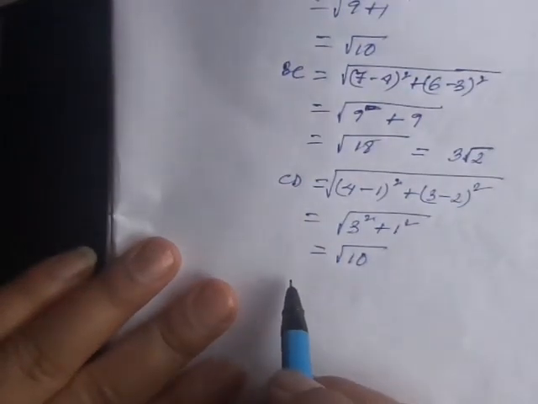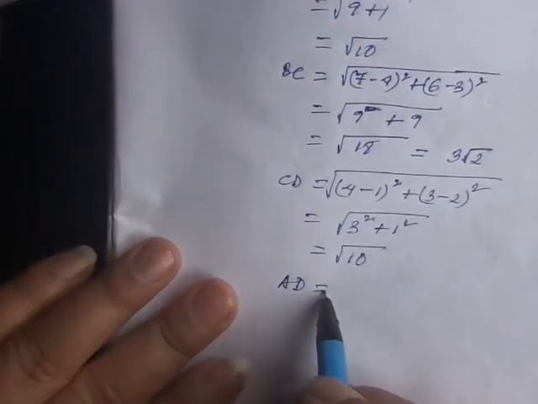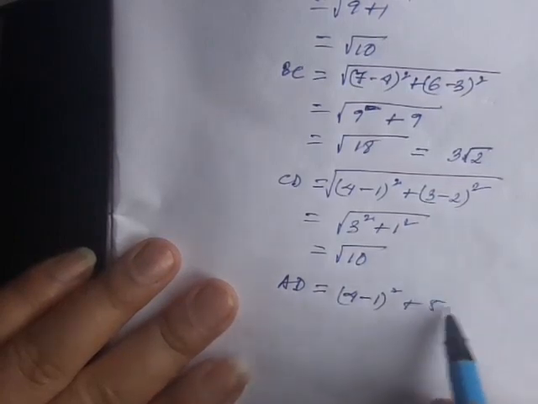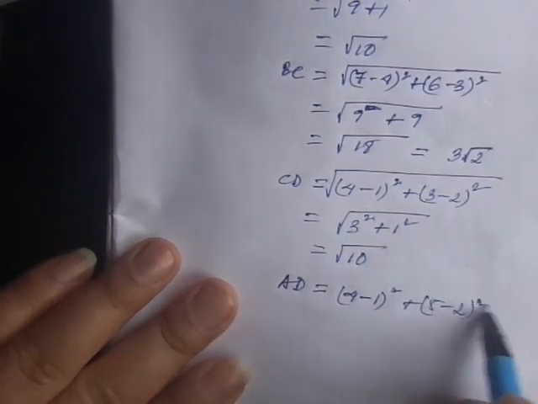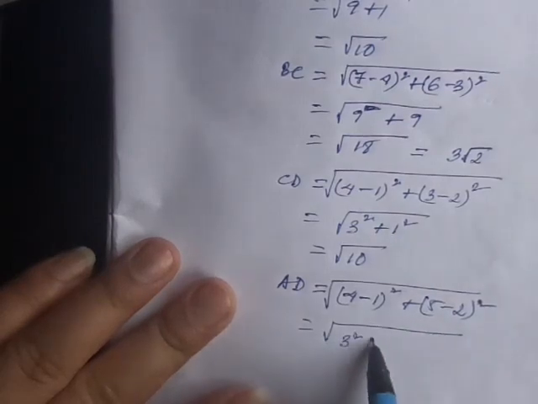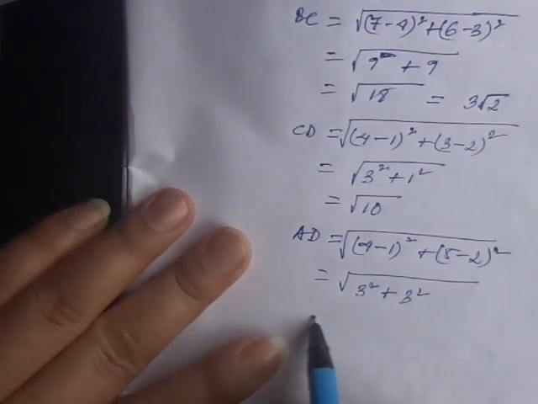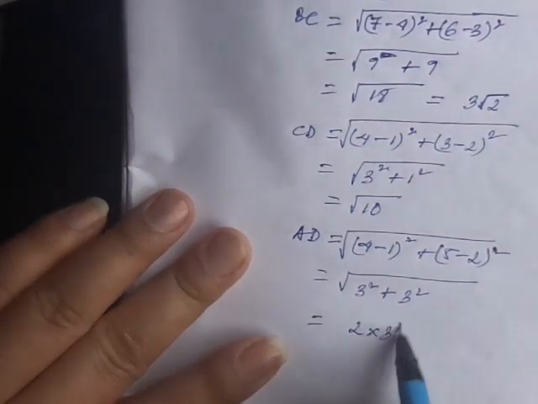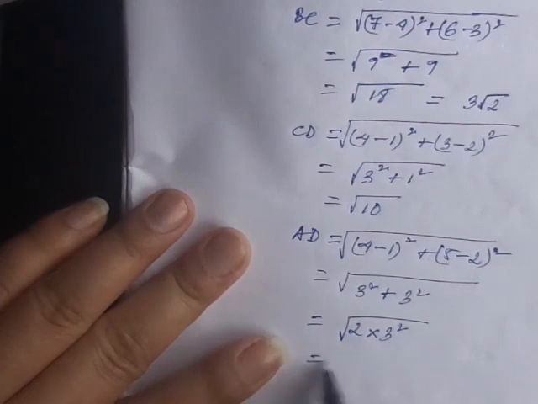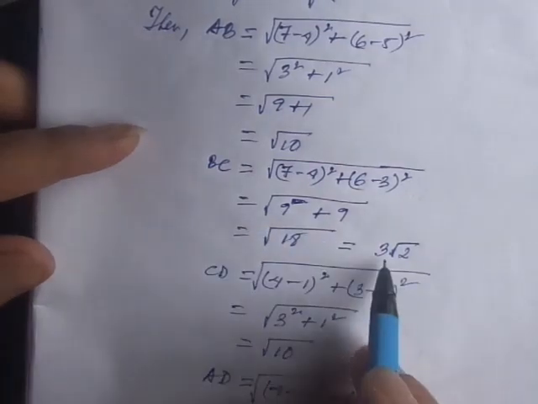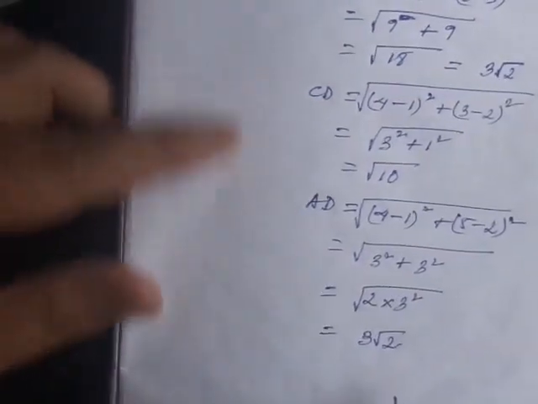Then ED equal to 4 minus 1 whole square plus 5 minus 2 whole square, so 3 square plus 3 square, which gives 3 root 2. Same thing here also.